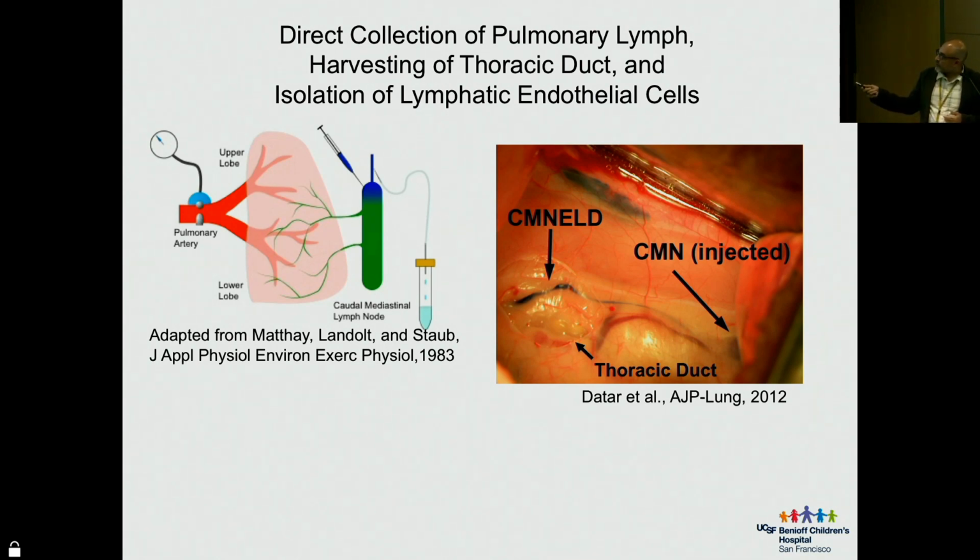It usually has one efferent vessel that tracks off of it and then eventually dumps into the thoracic duct, which is right here. And so what these labs did several decades ago, and what we did, is cannulate this vessel to directly collect and analyze the lymph from the lungs of control lambs and lambs with these shunts.